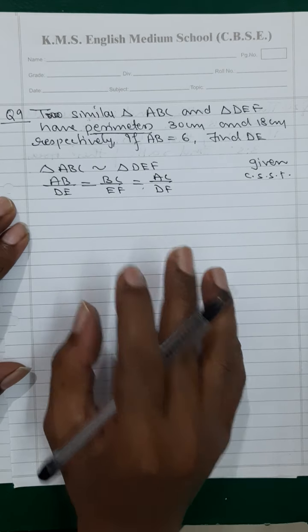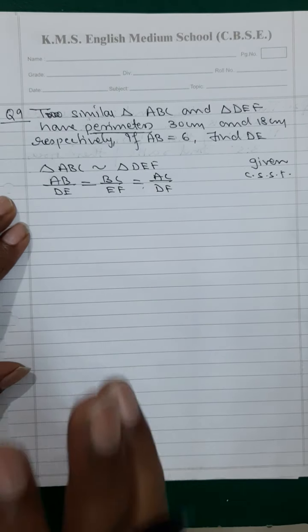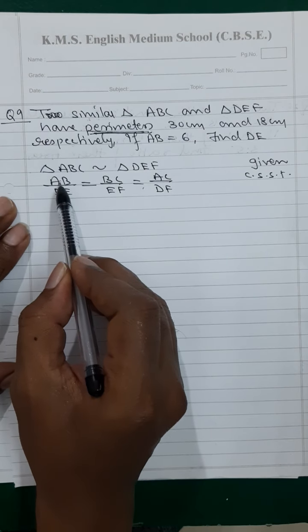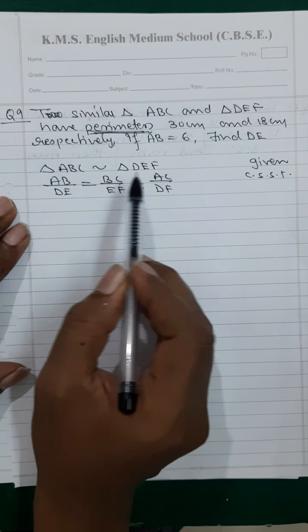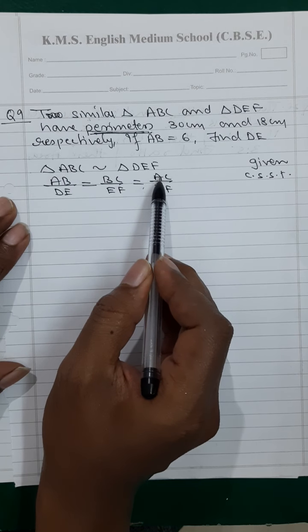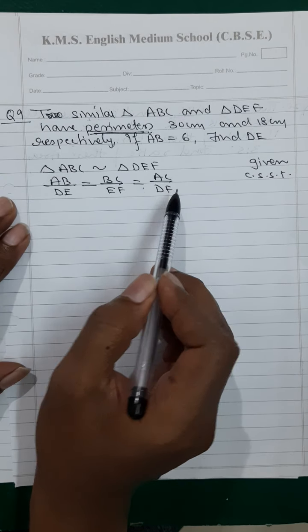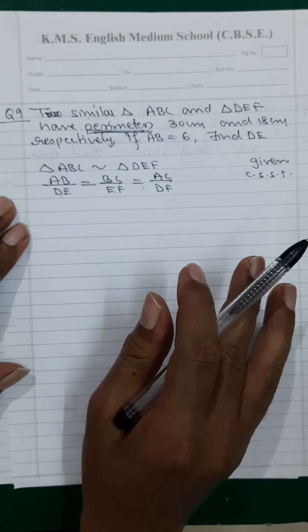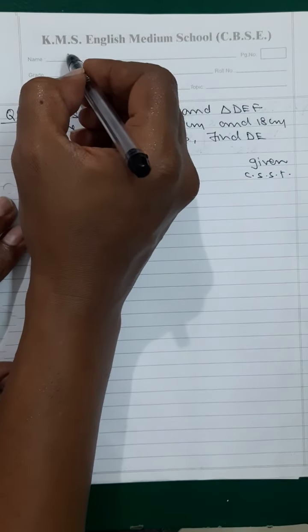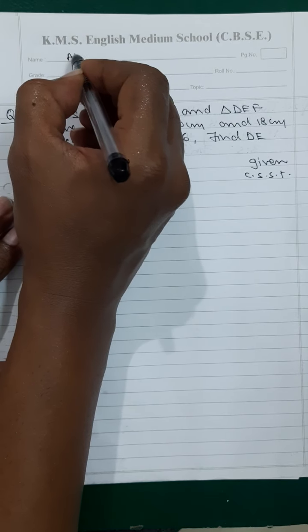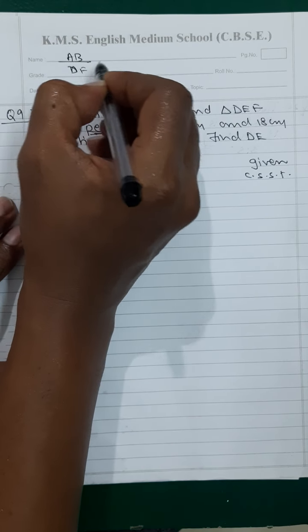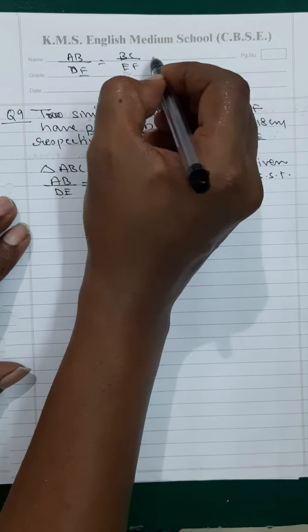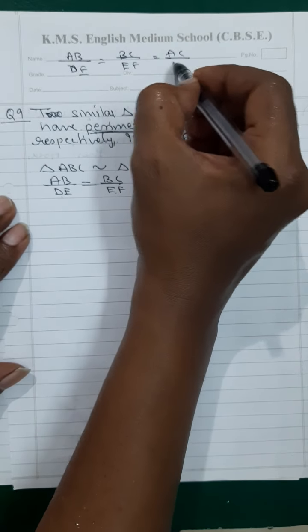Fine. Now, if you'll see, these are the equal ratios. And by applying theorem on equal ratios, because we are going to find perimeter, you can now add all these sides. Even if you add all these numerators and add all those denominators, they are going to be equal to one of these ratios again. Supposing AB upon DE is equal to BC upon EF is equal to AC upon DF.